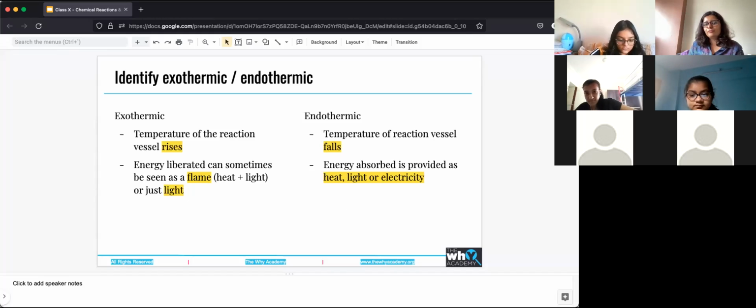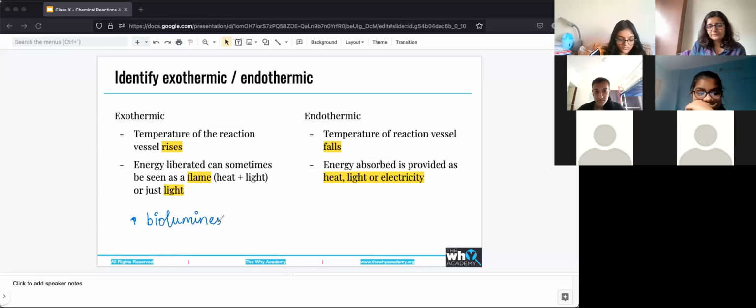Okay. So whenever you come across that sort of a reaction, that's called bioluminescence. It looks like a complicated word, but it's not. If you break it apart, bio, biological, living organisms, and luminescence.